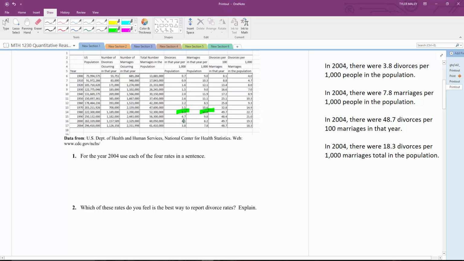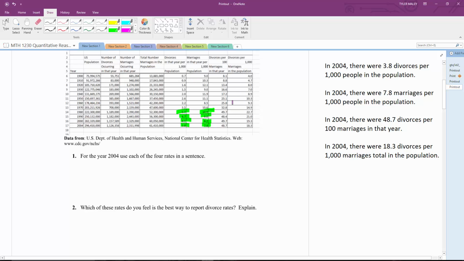If we look at the divorce rate to the total population for the next year, that's about half of this number, and that's half of this and half of this. So you can notice that the divorce rate is about half of the marriage rate. Comparing those two would support that idea.